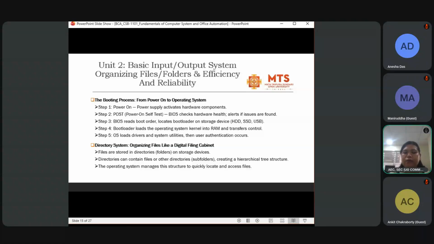Then the fifth step is the OS, the operating system. Now the BIOS function is over, and the OS takes charge of turning on the system.